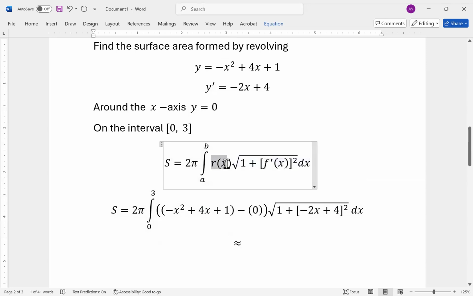So this part is using the original function, this part is using the derivative. Again, it takes me a second to type this in, but once I do, then my calculator does all of the difficult work. Again, sometimes you have to be really careful about how you type it in, getting all of the parentheses correct, making sure that your bounds are correct.